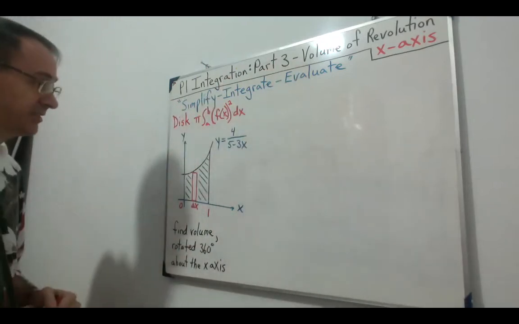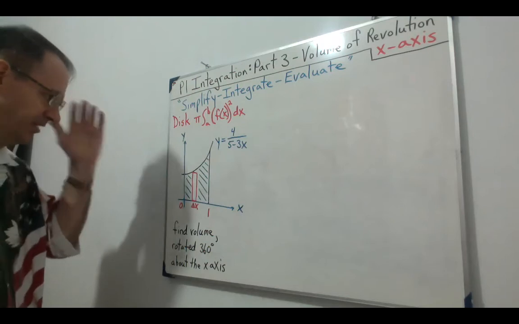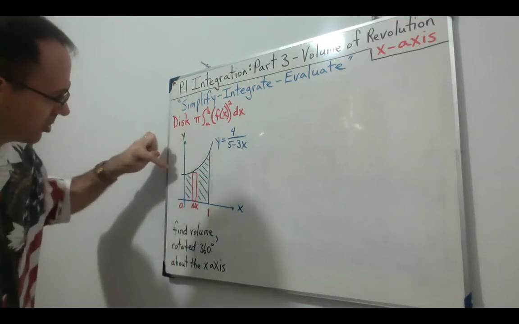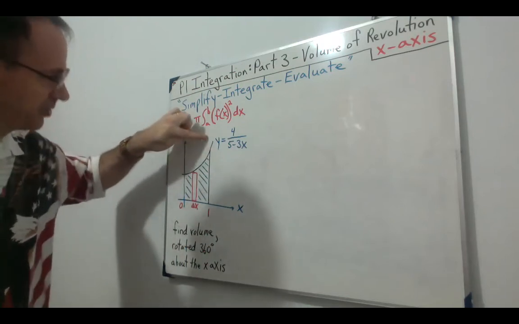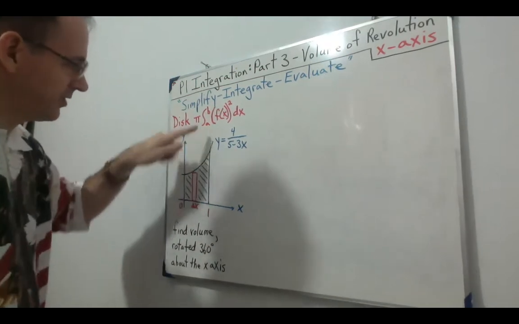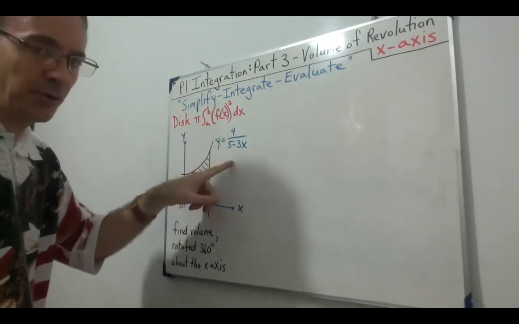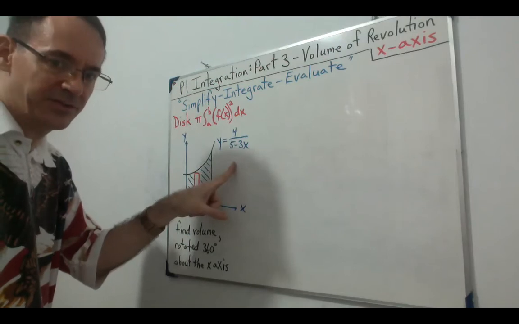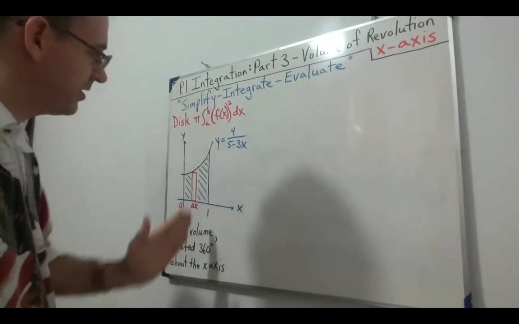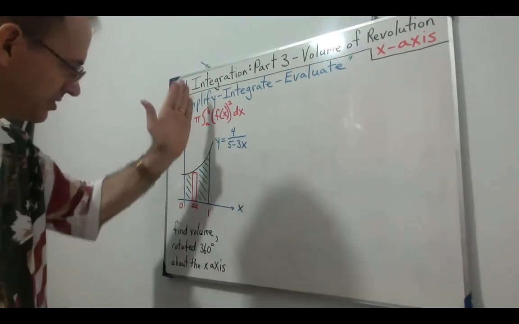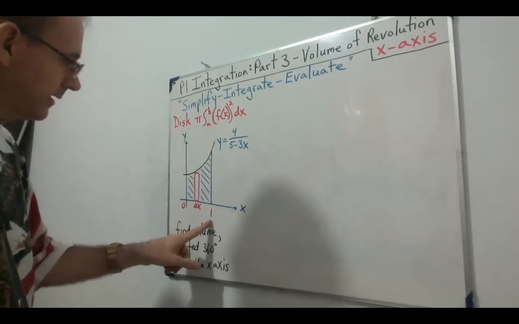Here is our question. It shows a picture of this graph with this curve, and the equation of this curve is y equals 4 over 5 minus 3x. We also see this boundary here, which is the x equals 1 line.